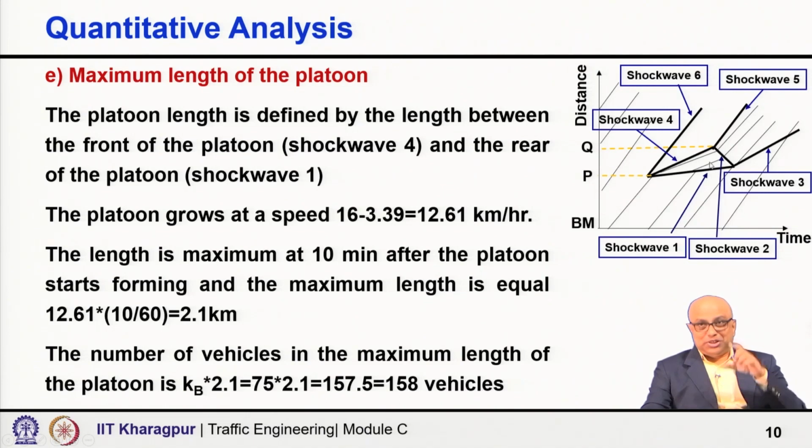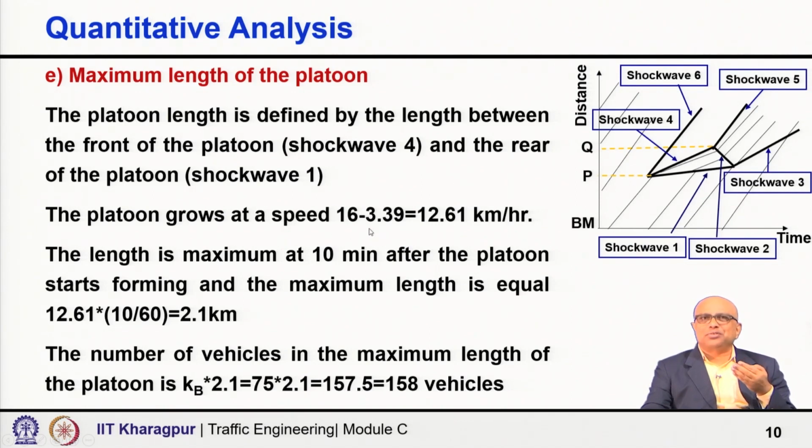The front is going with the platoon shock wave 4 and the rear is moving with shock wave 1. So, the length is actually the difference between the front of the platoon and the rear of the platoon. And the platoon grows. How is the platoon growing?